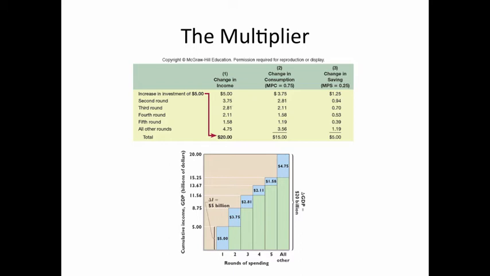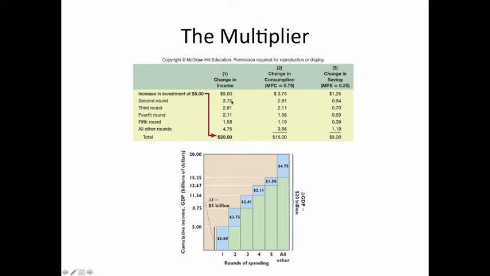So they'll turn around and they'll spend 75%, 2.81 billion of that 3.75 billion, which becomes our third round of spending, which will create a fourth round of spending and a fifth round of spending, and then all these subsequent rounds of spending until this whole process just peters out.